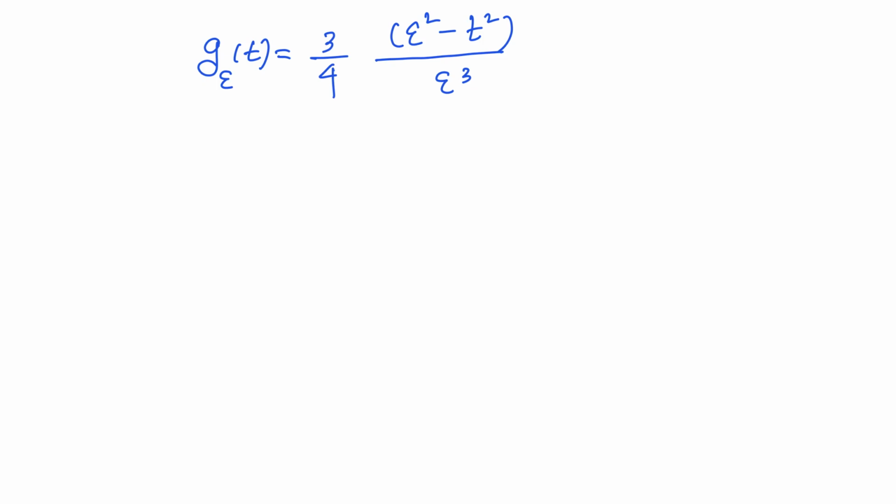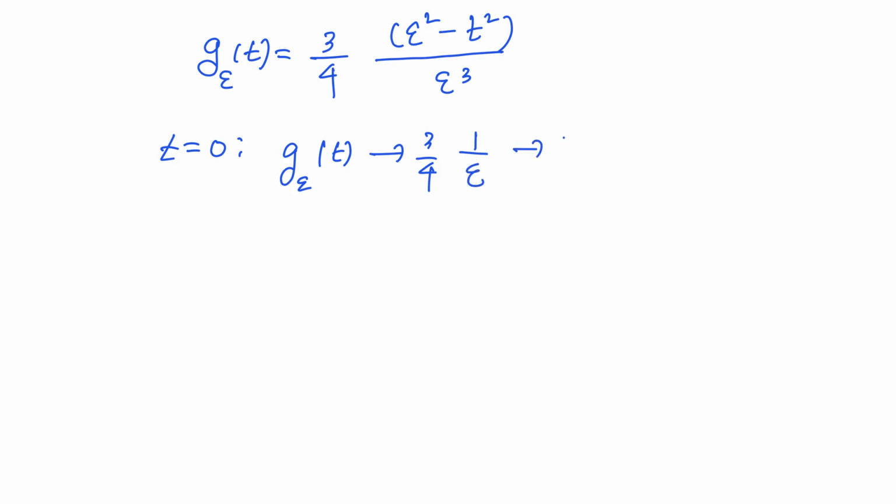When t is equal to 0, what happens? g epsilon of 0 becomes 3 over 4 times 1 over epsilon, right?